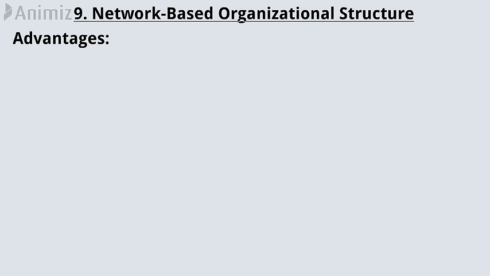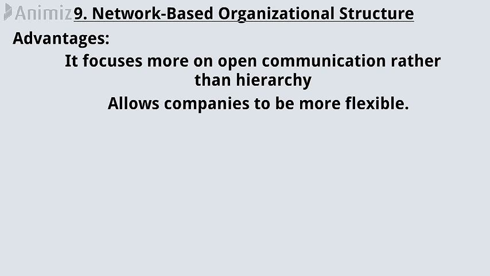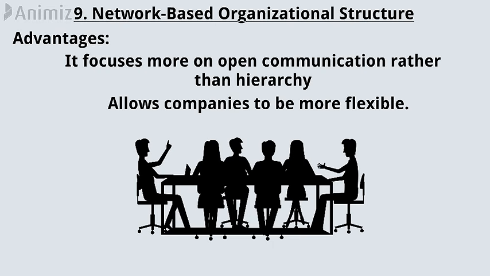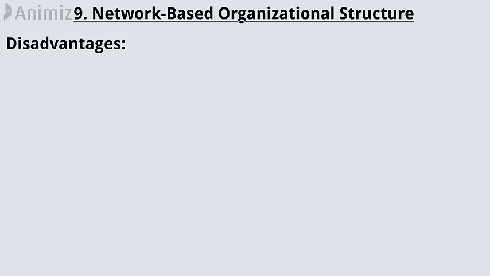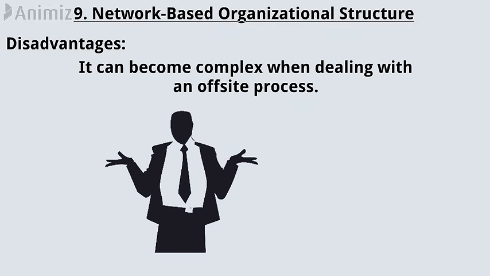The advantages of this structure are: it focuses more on open communication rather than hierarchy, and allows companies to be more flexible. It gives all employees the power to collaborate and make decisions. Some disadvantages of this type of structure are: it can become complex when dealing with off-site processes. It can be more difficult for employees to know whom to report to.